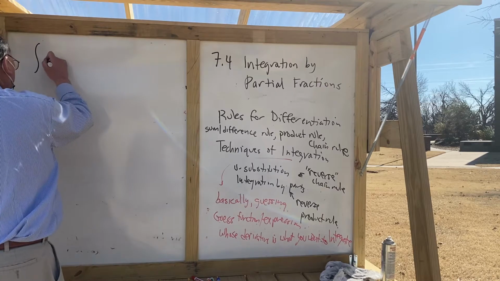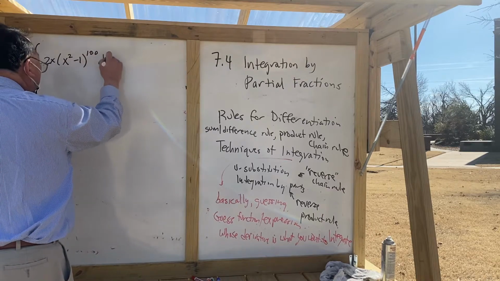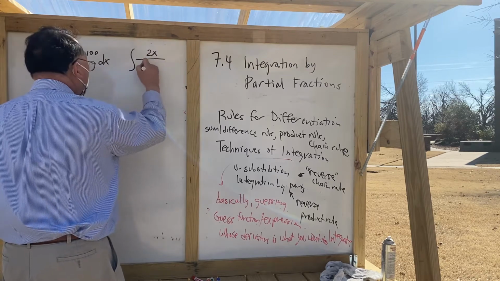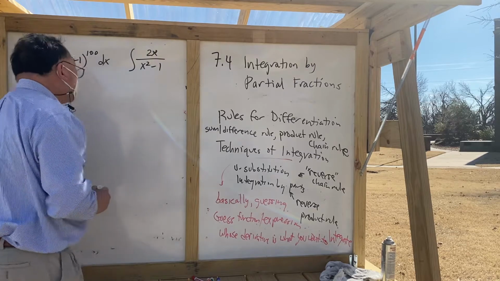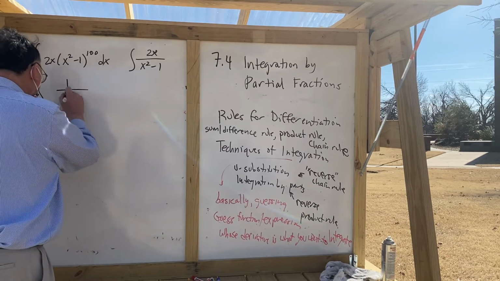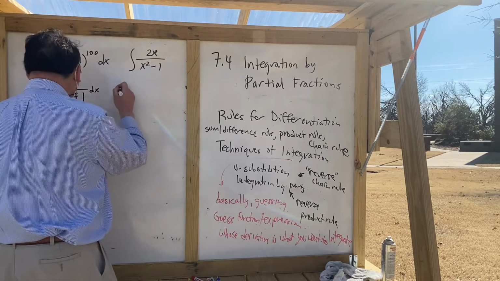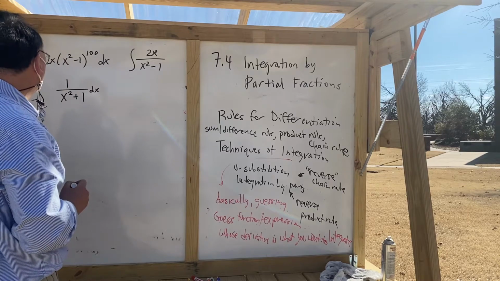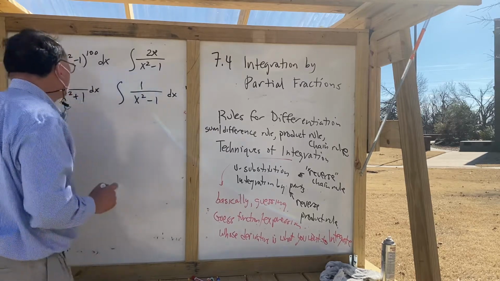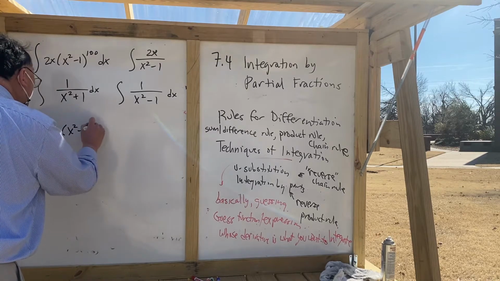If I do the integral of 2x times (x squared minus 1) to the 100th power dx, or the integral of 2x over x squared minus 1, or the integral of 1 over x squared plus 1, and the integral of 1 over x squared minus 1 dx.